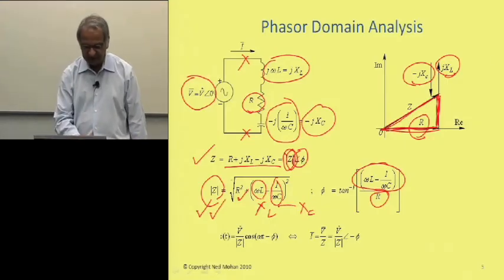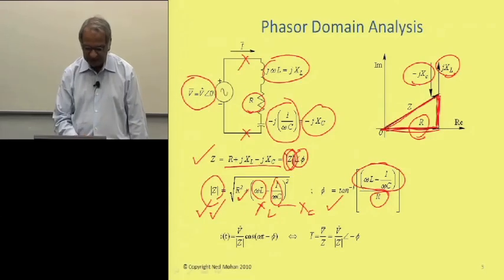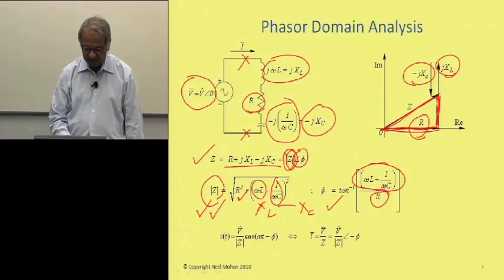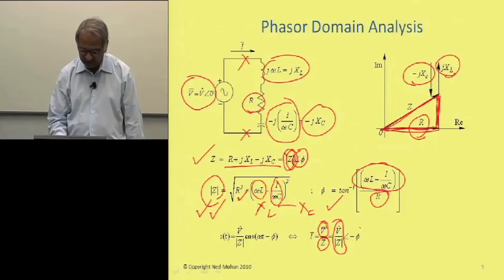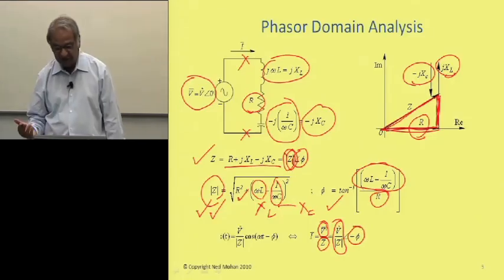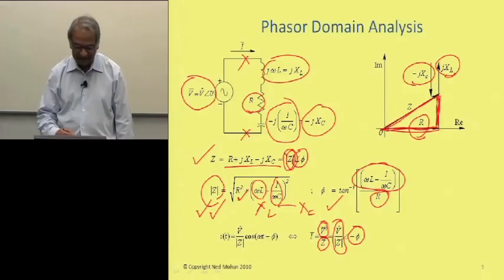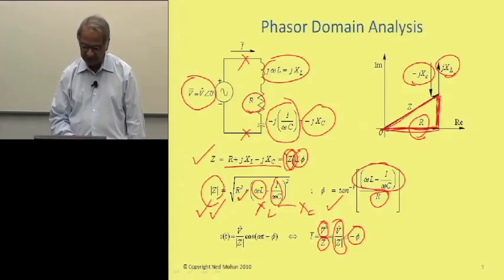So it has a magnitude, it has a phase angle here. To find the current, we just take this voltage phasor divided by this impedance, which will have this magnitude, and it will have this phase angle of minus phi, because Z, which has an angle phi, is in the denominator, so it shows up as minus phi.